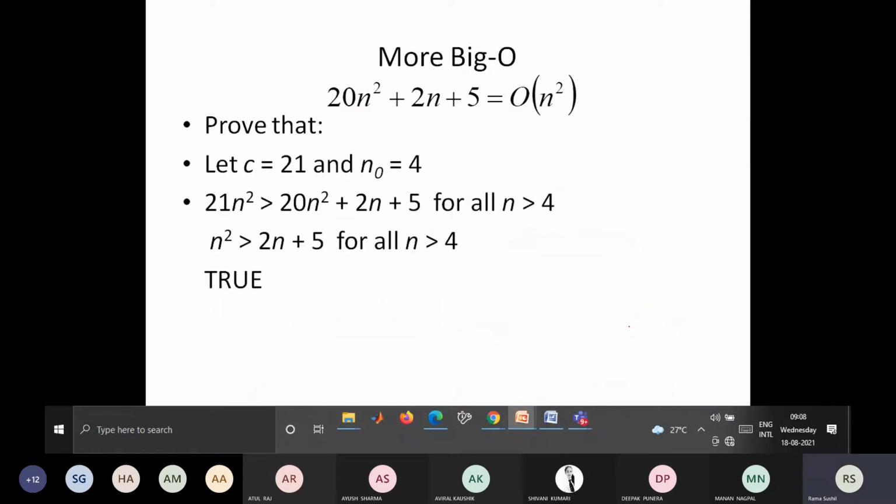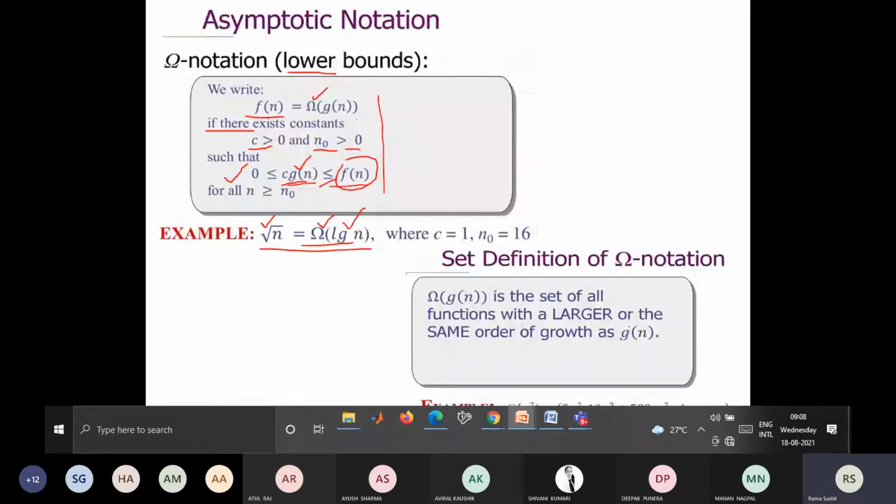We are here for the omega, right? And it is coming up with c equal to 1 while n0 is a very high value.